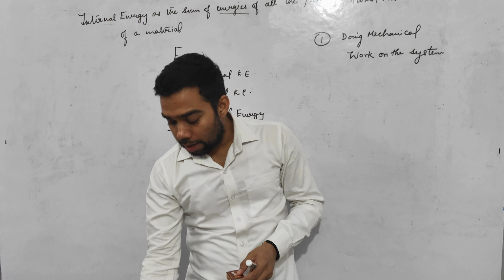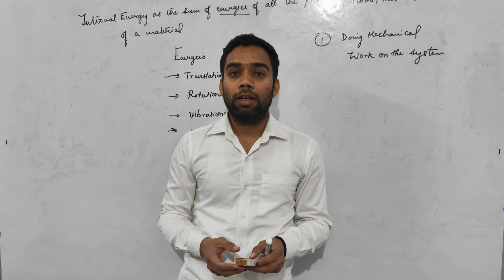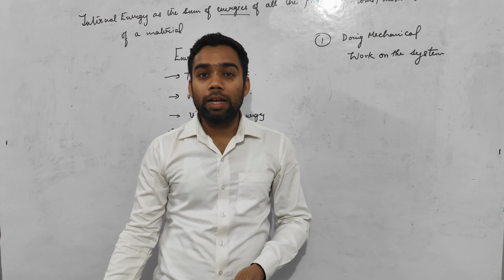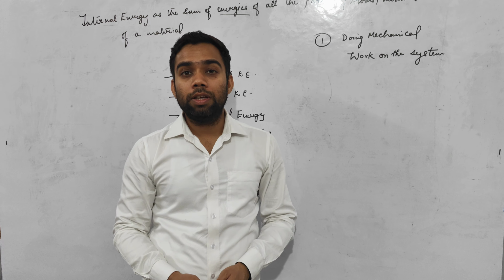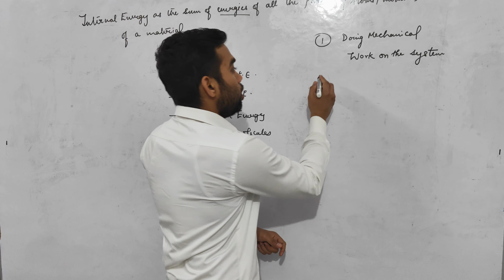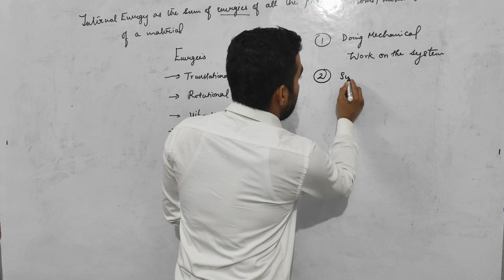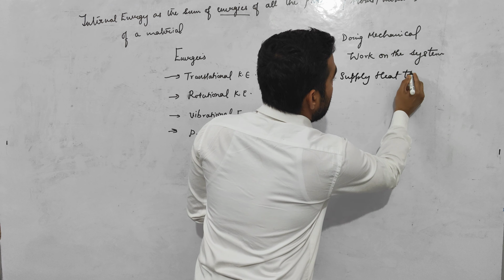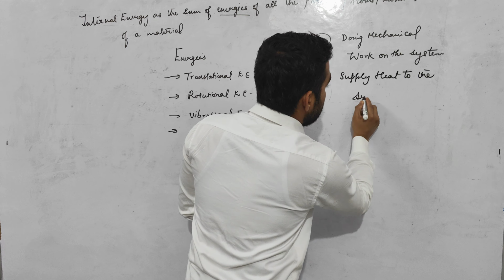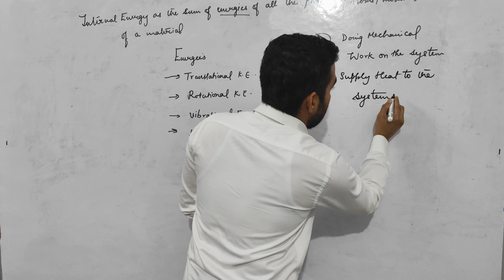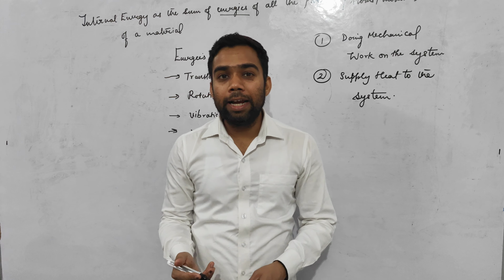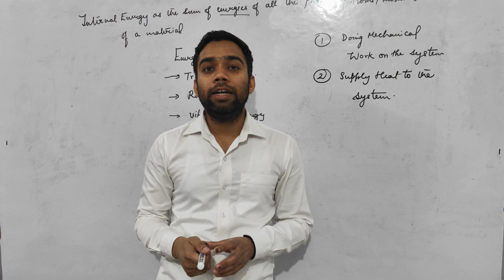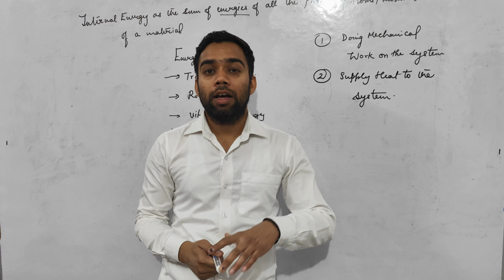Now the other mechanism, the other way to increase the internal energy of the system, is to supply heat to the system. So when we supply heat to the system, again the internal energy of the system will rise.